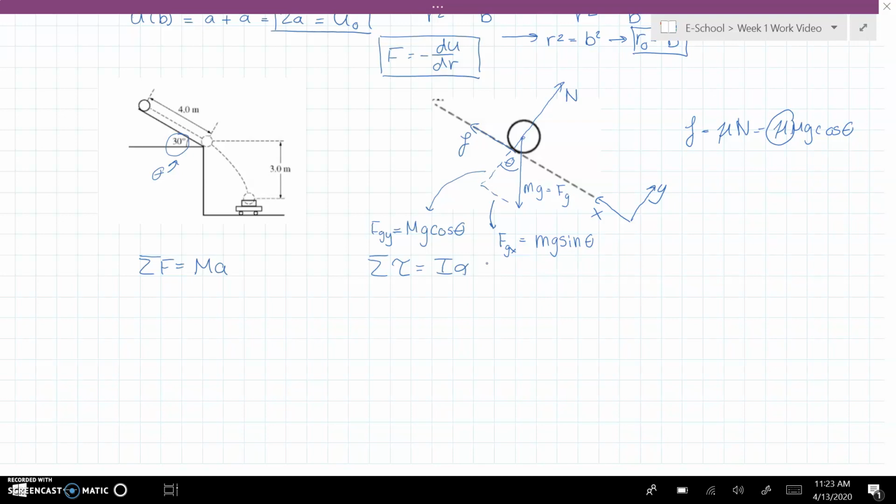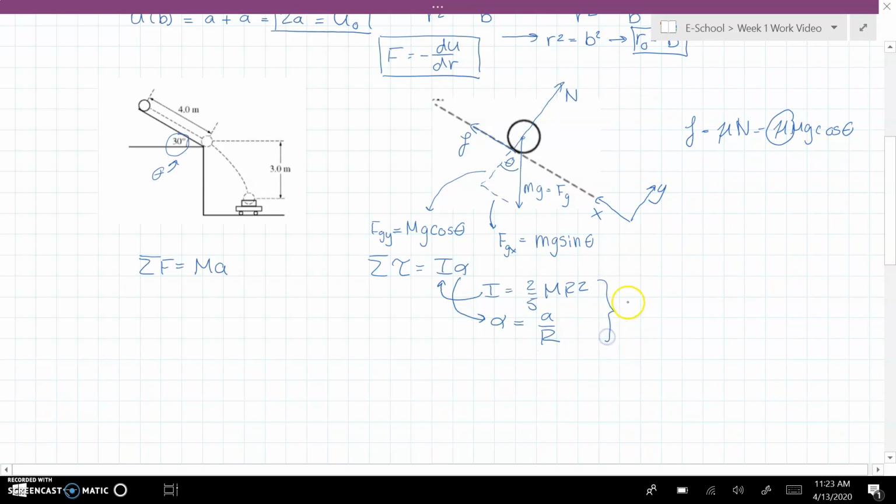First of all, they tell us that I of our sphere here is 2/5 m r squared. We also know that alpha can be represented as a over r. So I'm going to plug both of these in here.